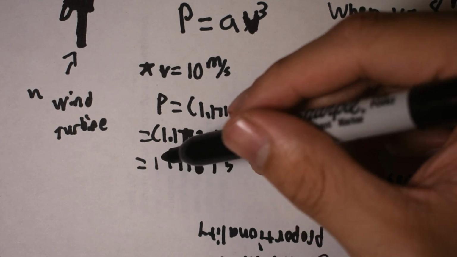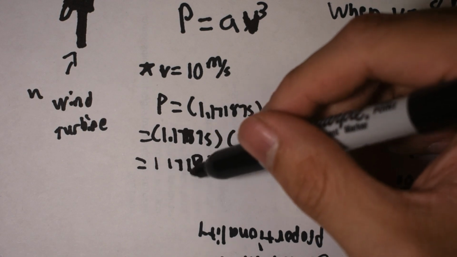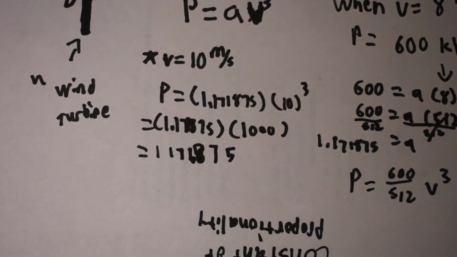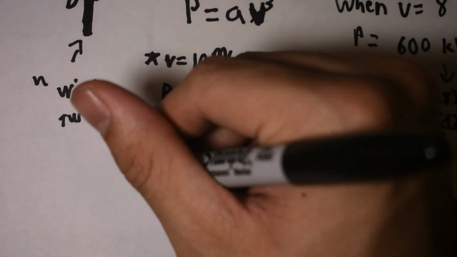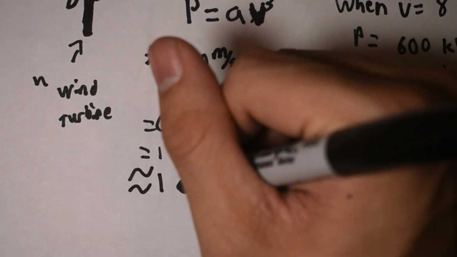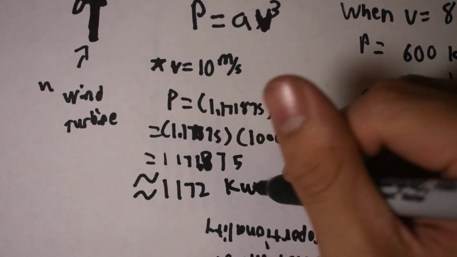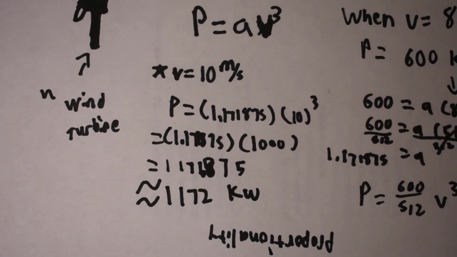The decimal is right here, and we move it to the right 3 times: 1, 2, 3. We'll have, exactly actually, 1,171.875 kilowatts, or rounded up, 1,172 kilowatts. And that's how you use the power function here.